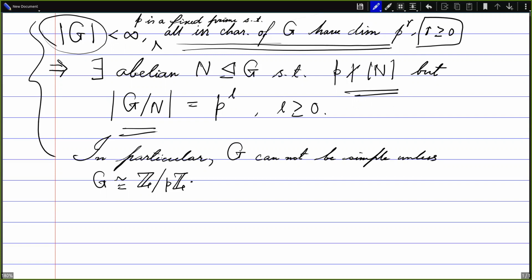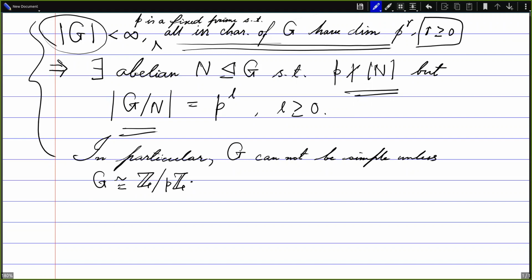In general we do not have a way to reduce the irreducible characters of G to the irreducible characters of a factor group, because the intersection of the kernels of these irreducible characters may not contain any non-trivial normal subgroup of G. So in general, we have no way to reduce the characters of G to the characters of a suitable factor group.